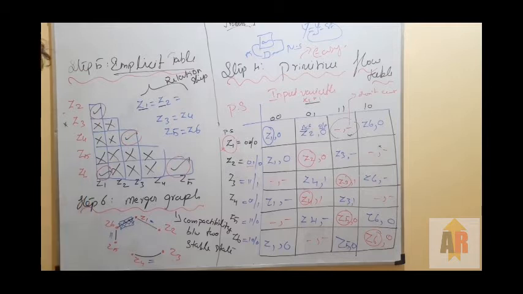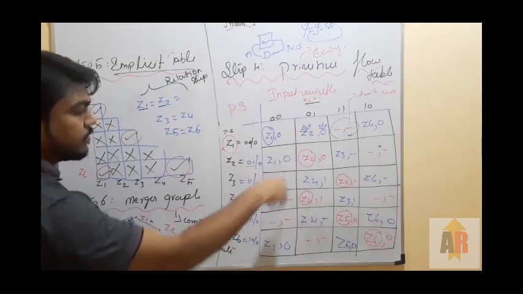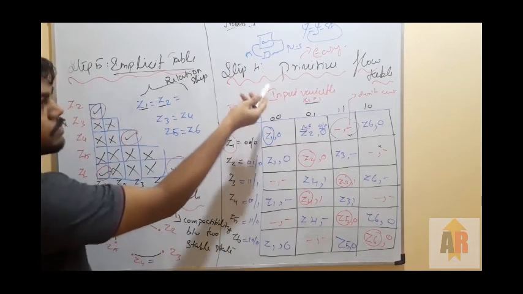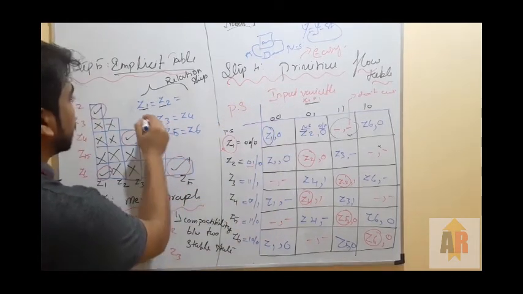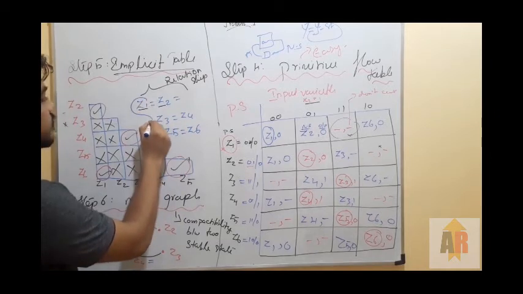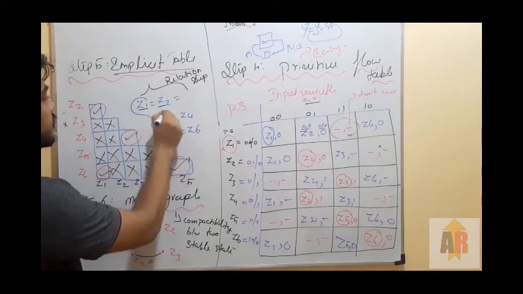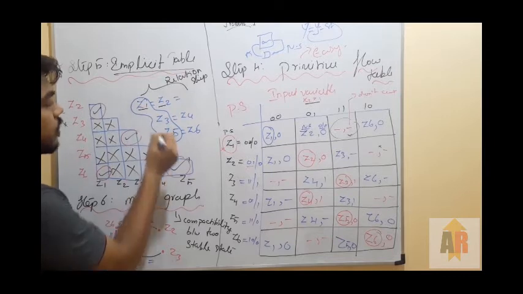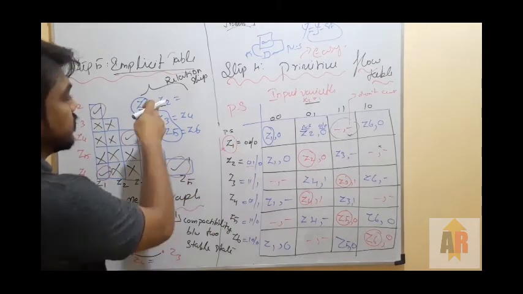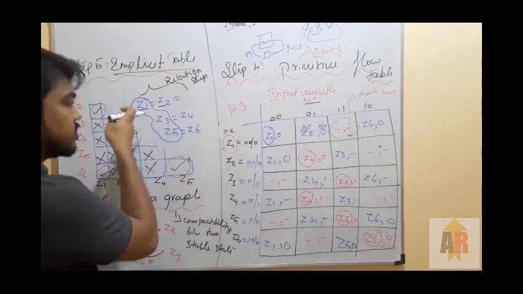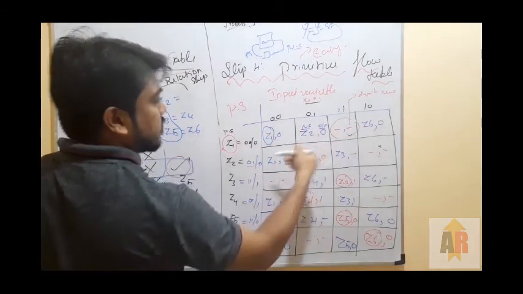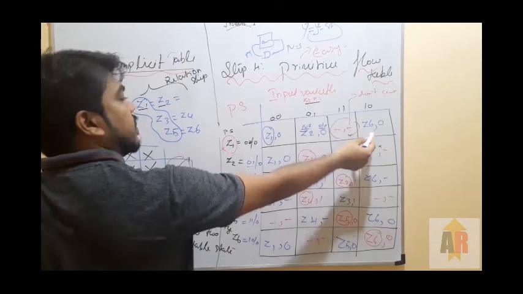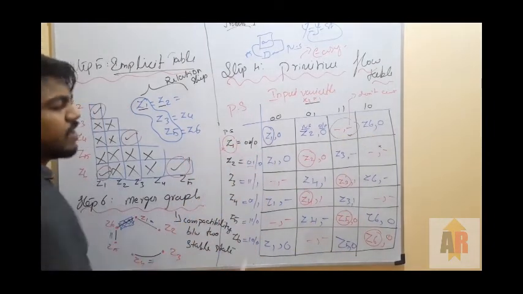Now we want to once again redraw this primitive flow table, simplified one, because we are going to take only Z1, Z3 and Z5. These states only we are going to represent here, changing all the remaining ones with respect to Z1, Z3, Z5. So in this picture, you will be writing Z5 instead of Z6, just like that.